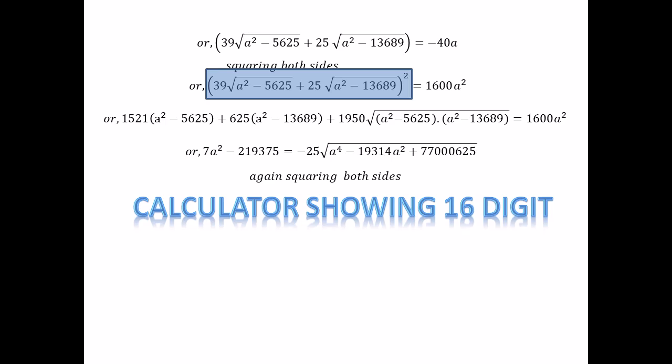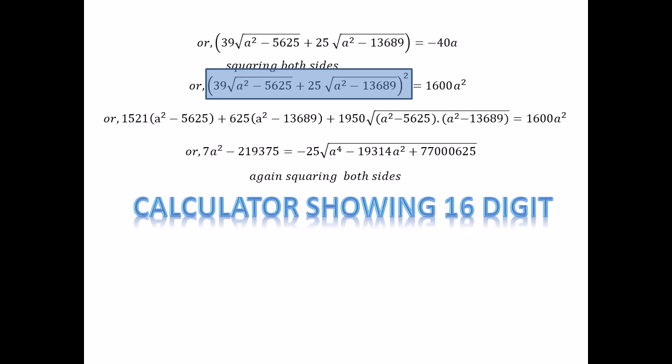So a calculator showing only 10 digits makes it difficult to solve the problem. So you require a calculator which displays 16 digits. The mobile calculator or laptop calculator is appropriate for this type of problem.